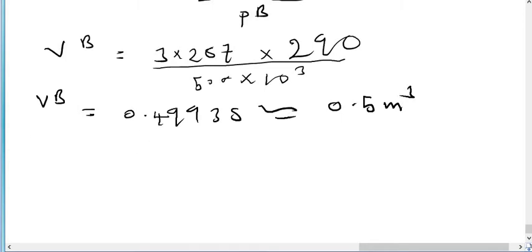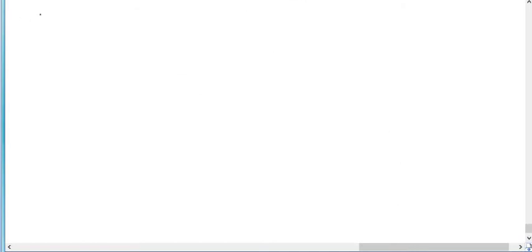So now in part A, we are asked to find the work done, or the work transfer. So we consider the work done during constant temperature with changing pressure.